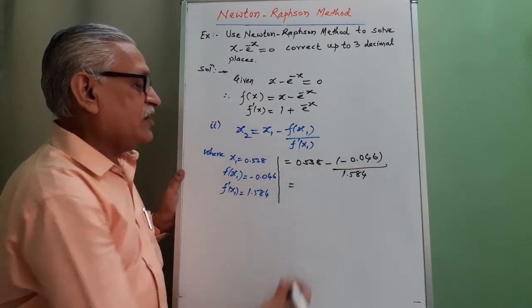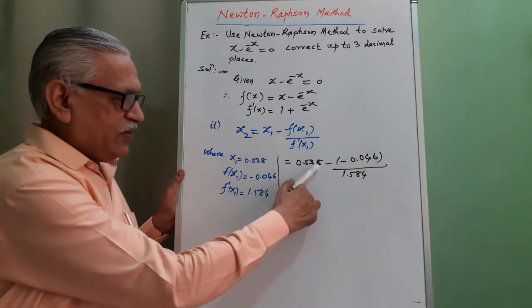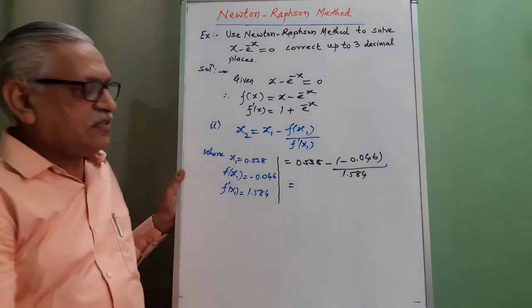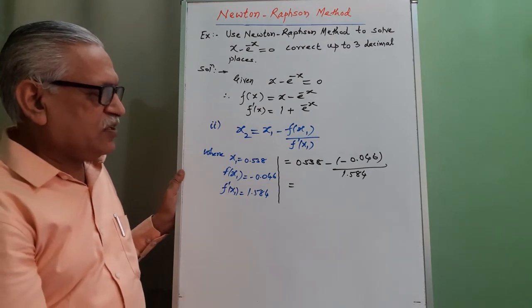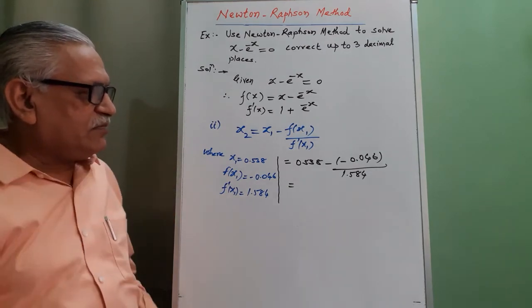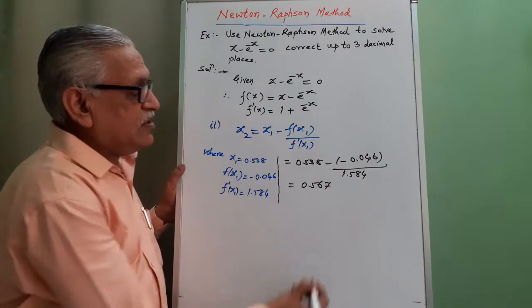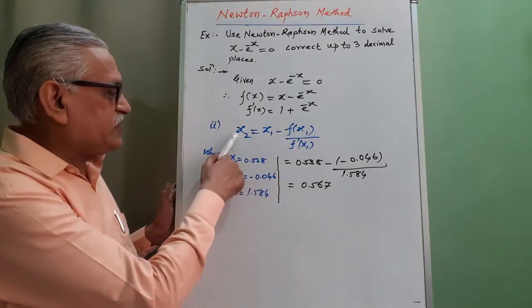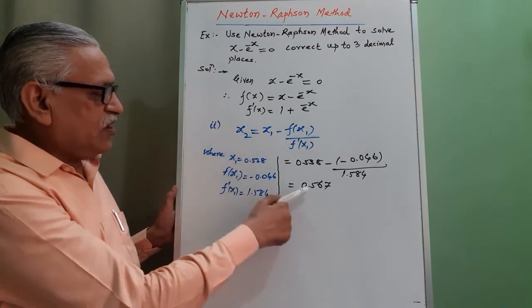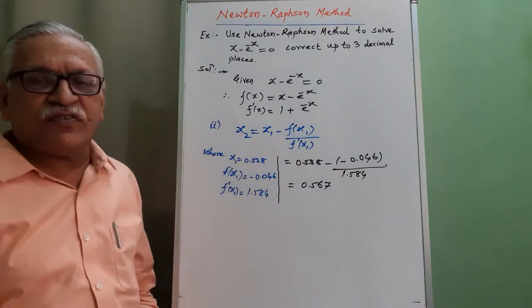Therefore 0.538 minus, it becomes plus, 0.046 divided by 1.584, and if you perform it by calculator, we get 0.567 as the new approximation for the root, or x2 is equal to 0.567.